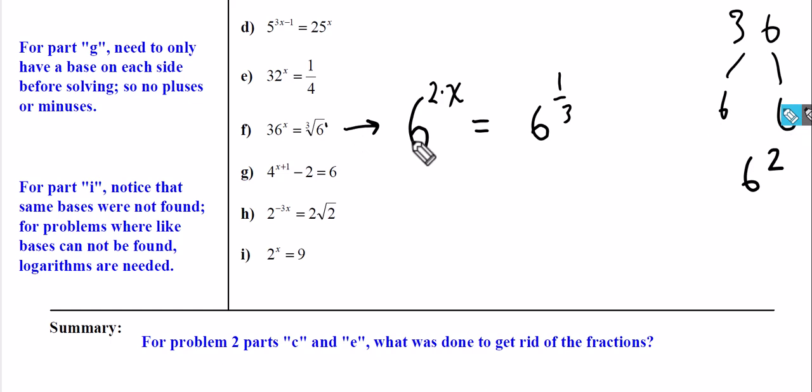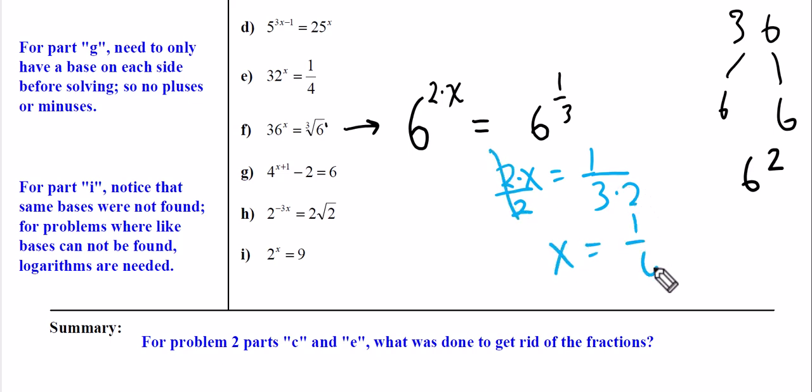Doing this allows us to have the same base, so I can say 2x is equal to 1/3, and I divide both sides by 2. Oh, interesting. And I get 1/6. You might want to go back and re-watch that one. Maybe even put a left column idea about what we did there.